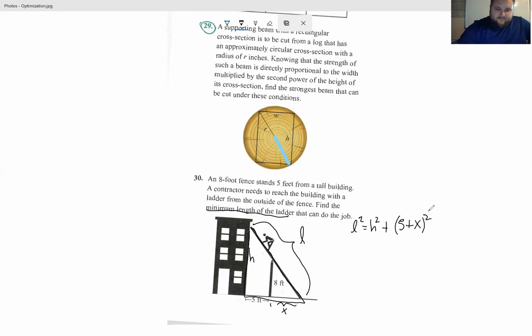All right, we also have this little triangle here. Whatever this distance is, we'll call it Y. Y squared has to be equal to 8 squared plus X squared.